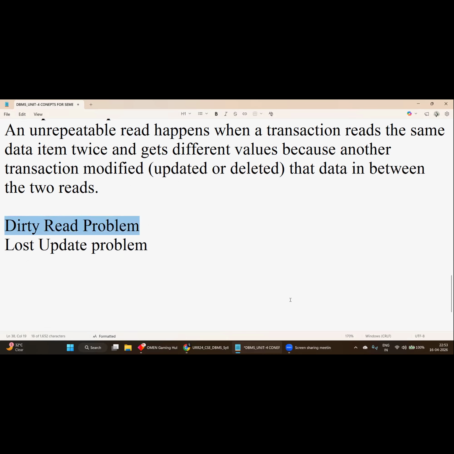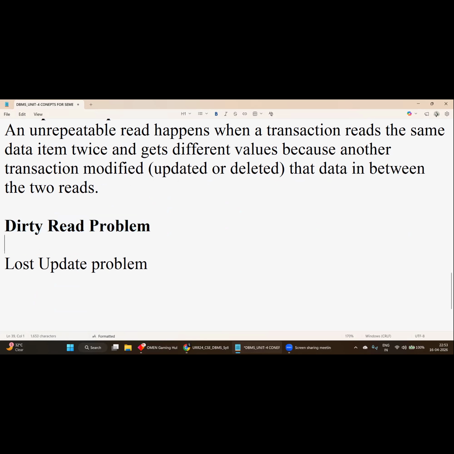And the next problem, I will explain directly by taking transactions T1 and T2.